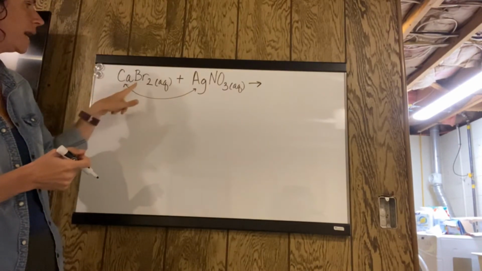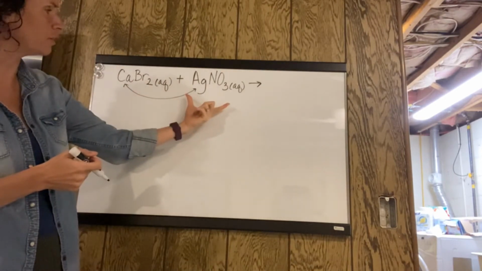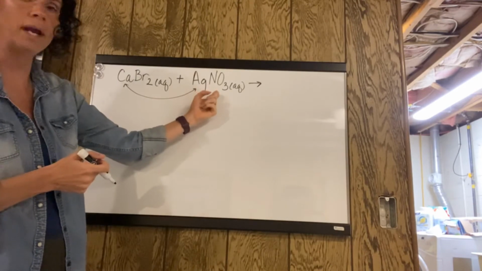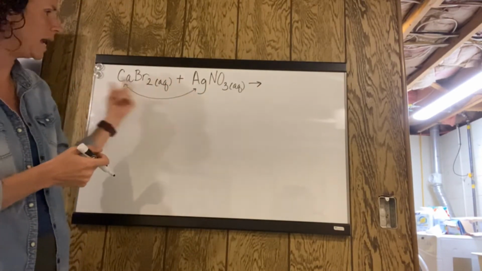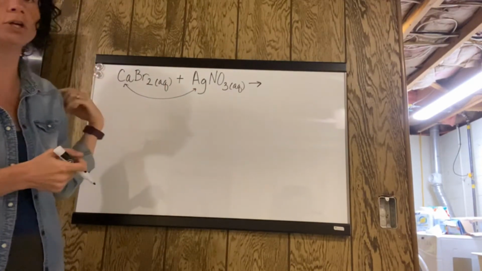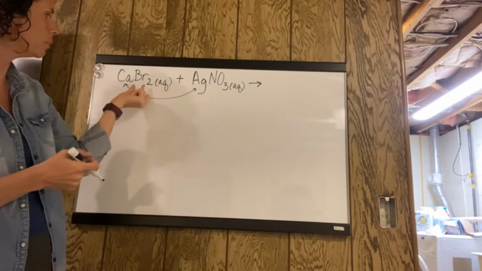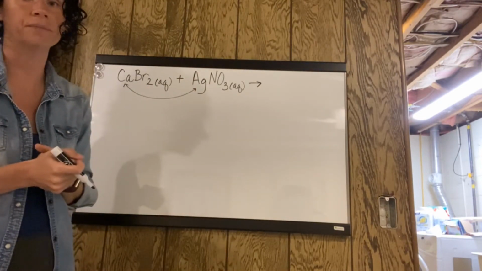Calcium is your cation, bromide is your anion. And in this one, silver nitrate, silver is your cation, your positive, and nitrate is your anion, or negative. The two cations will basically switch partners so that the silver will end up pairing with the bromine and the calcium will end up pairing with the nitrate.